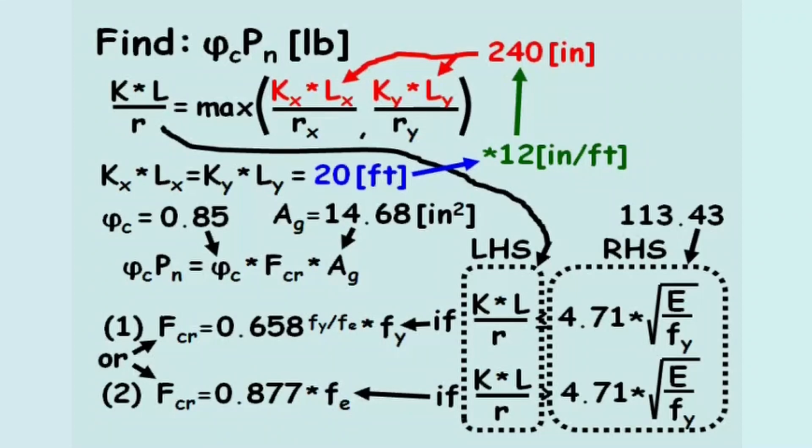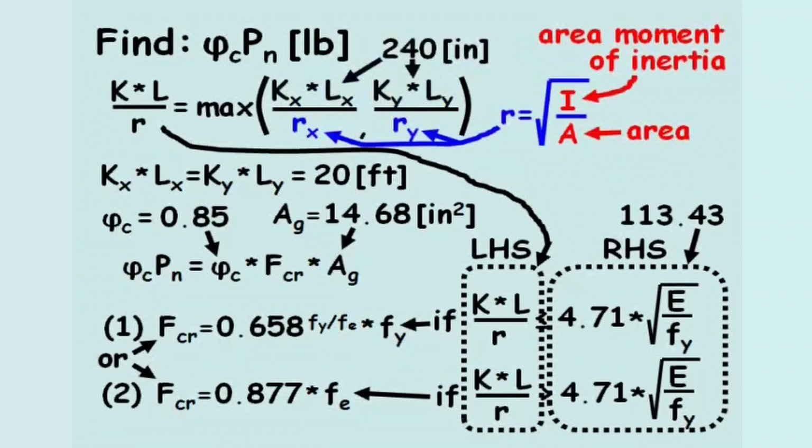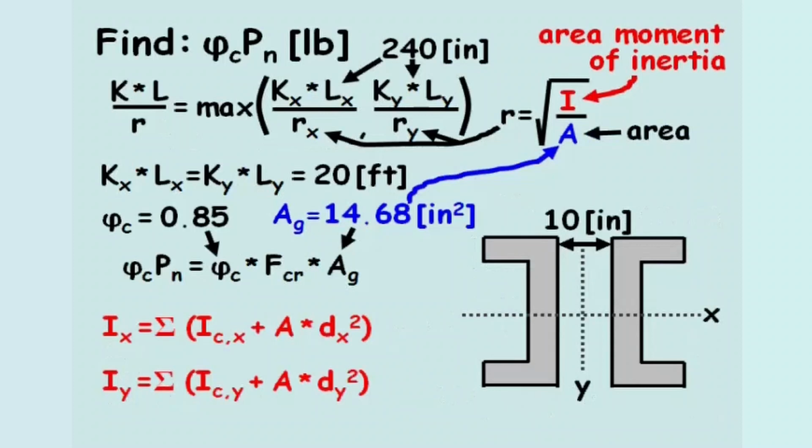The radius of gyration, r, equals the square root of the area moment of inertia divided by the gross area of the column. We've already computed the gross area as 14.68 inches squared. The area moment of inertia equals the sum of the centroidal area moment of inertia plus the area times the distance from the centroidal axes for each channel member.